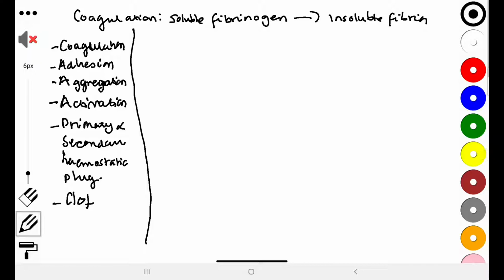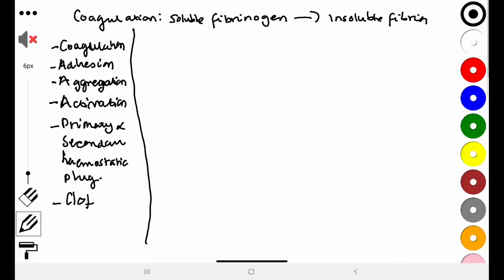There are several factors that we will be looking at as we go on. For example, fibrinogen itself is known as factor 1, and we'll go all the way up to about factor 13. These are listed for you in the notes that have been put up for you on Moodle. So 1 is fibrinogen, 2 is prothrombin. We'll allude a lot to factor 4, which is calcium. But factor 3 as well, which is tissue factor, will also come into play.